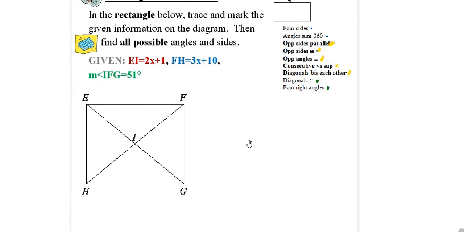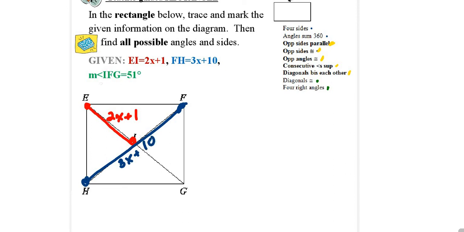We are told we have a rectangle EFGH, and E to I is 2x plus 1, and F all the way to H is 3x plus 10.